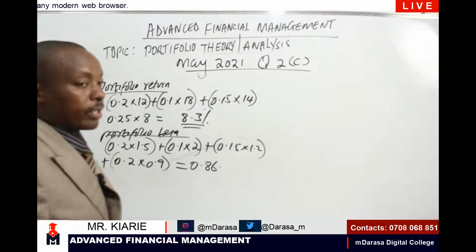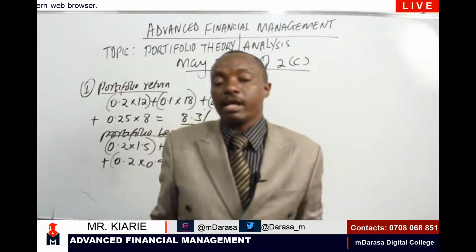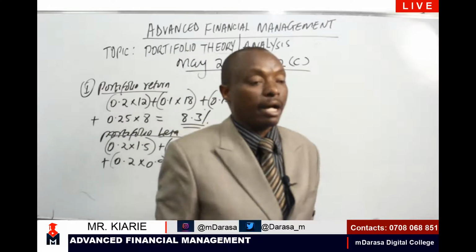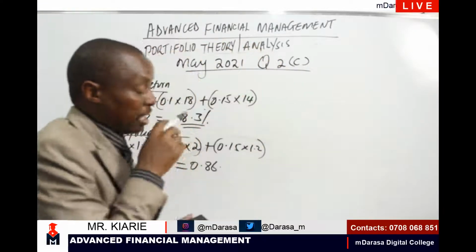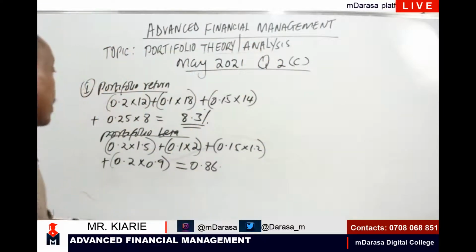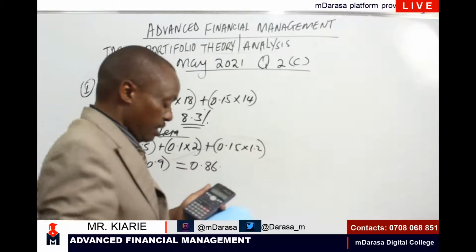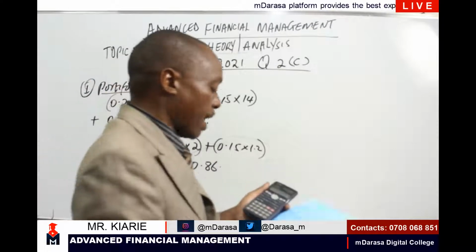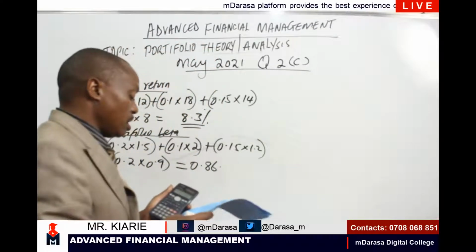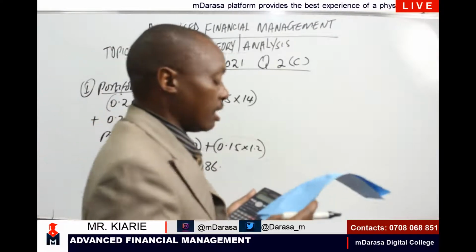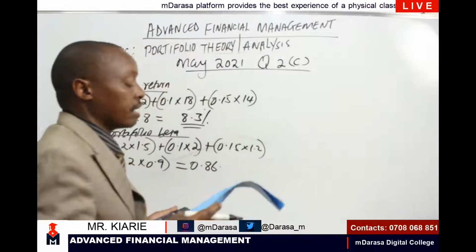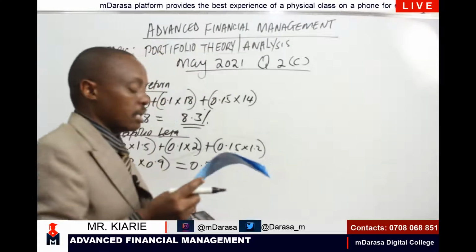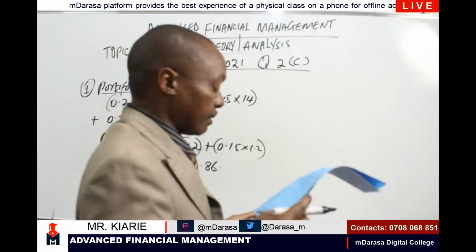Then you write below that, Zachary is a risk-averse investor since his portfolio return is lower than the market portfolio return.